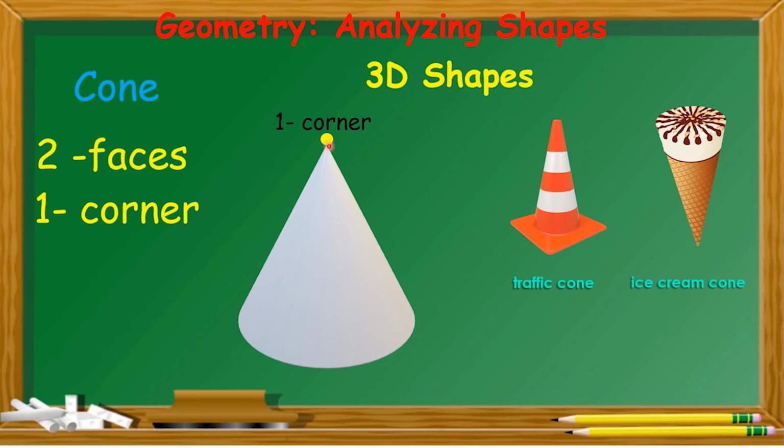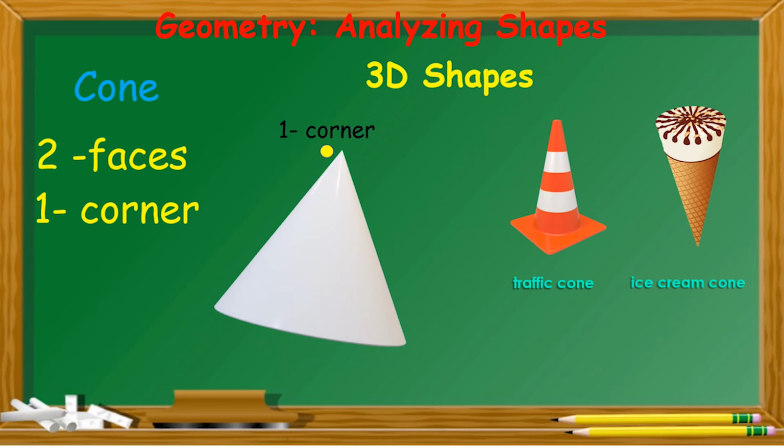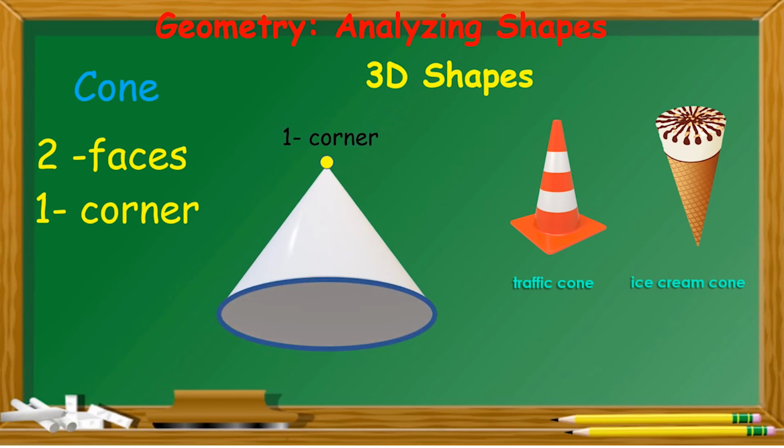This one is a corner. And what is this? Remember, if this is a face, this is what? A side. So a cone has one side.